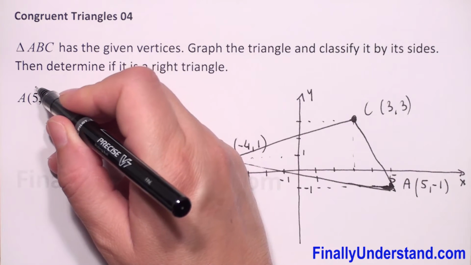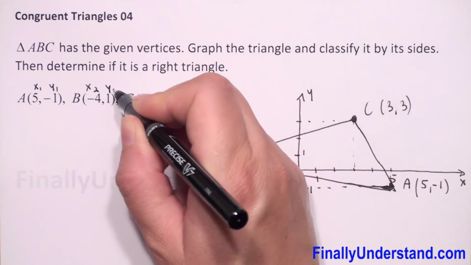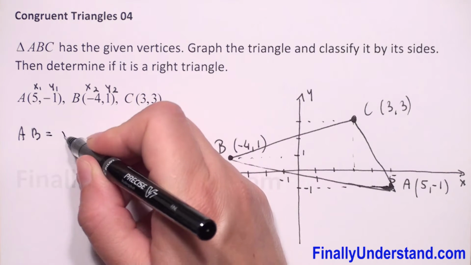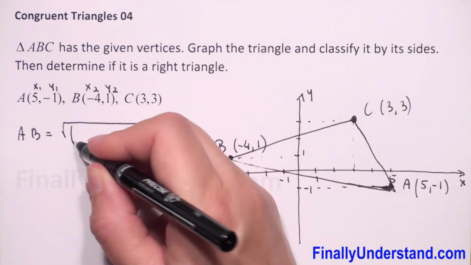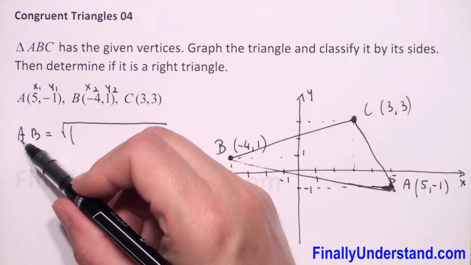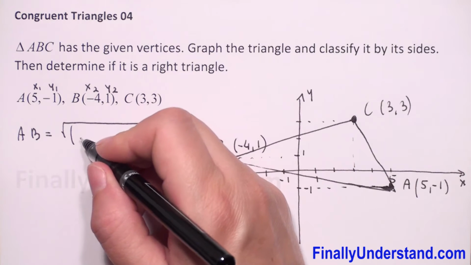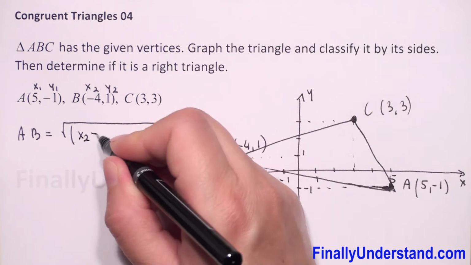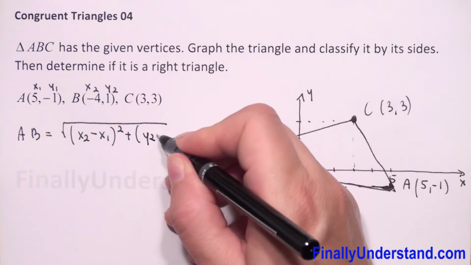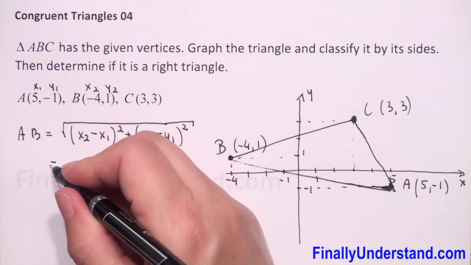For example, if it is (x1, y1) and (x2, y2), the distance between points A and B is equal to the square root of, first we have to subtract the first coordinates, and because we have AB, from x of B we have to subtract x of A. So we have (x2 minus x1) to the second power plus, and now we have to subtract the y coordinates and raise to the second power.